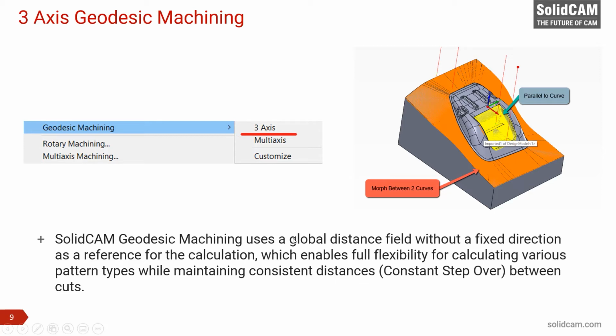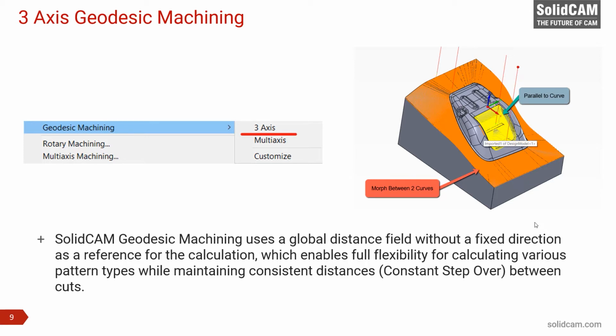So when we say that it uses a global distance field without a fixed direction as a reference, generally in 3-axis, when step overs are being calculated, they're always calculated from the direction of machining, which in this case is the Z direction. So in geodesic machining, we do not look from the Z direction when machining the surfaces. Instead, we look normal to the surface.